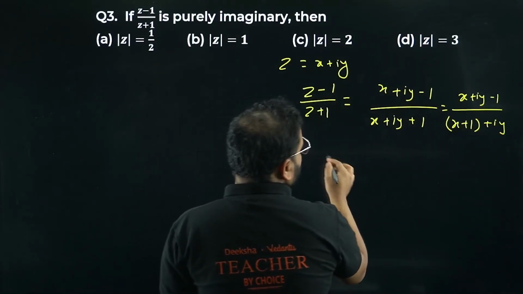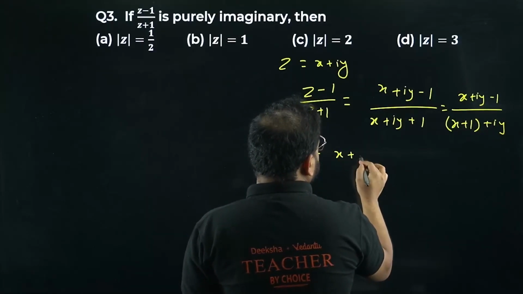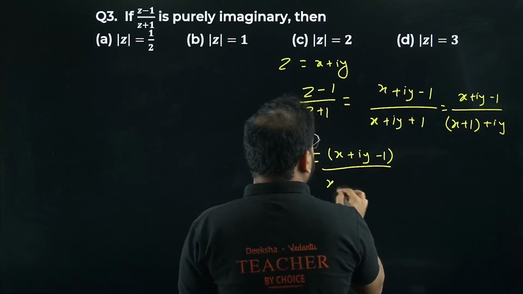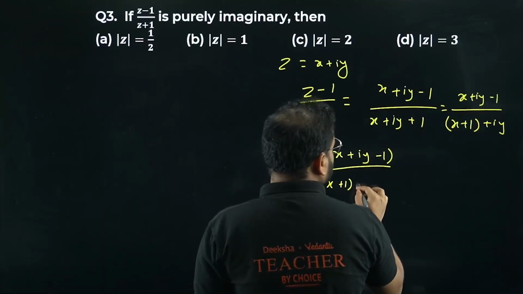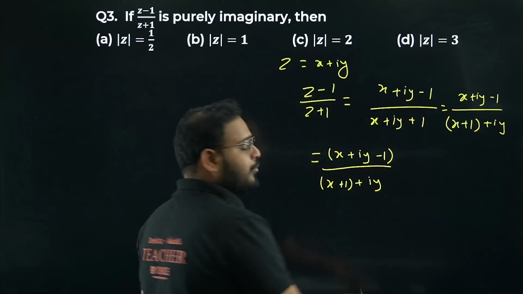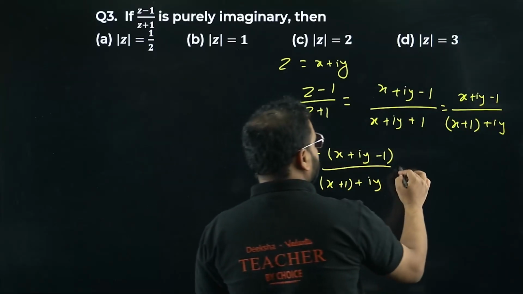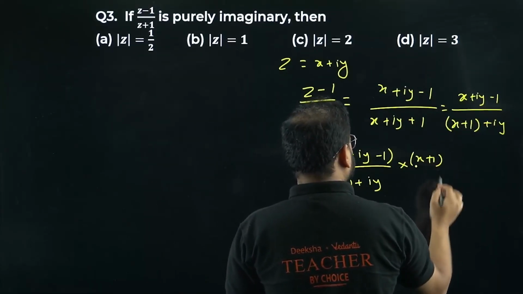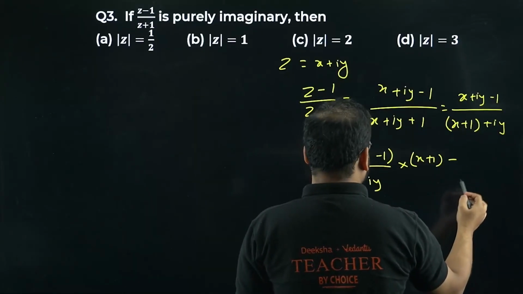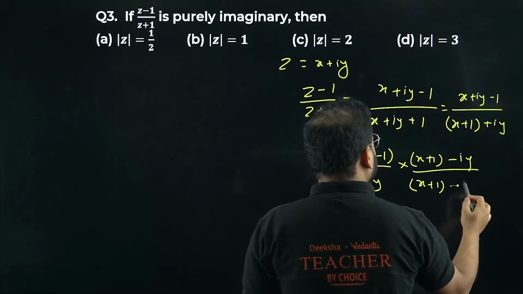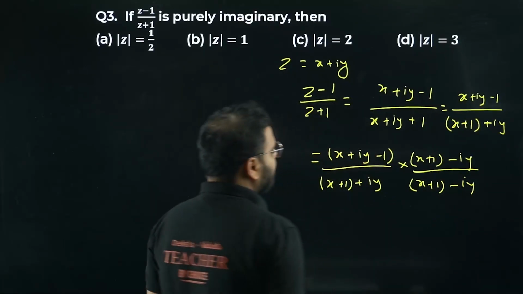See what I'm trying to do over here? I'm trying to rationalize with the help of this term, a plus b. So it will become x plus 1 minus iy in the denominator. What I get now, have a look.